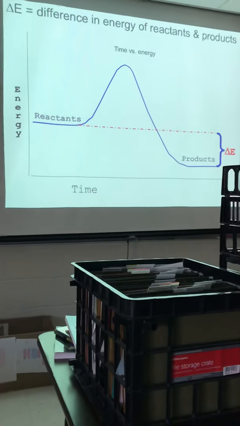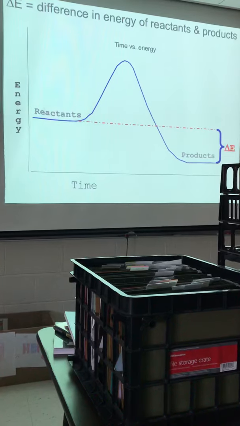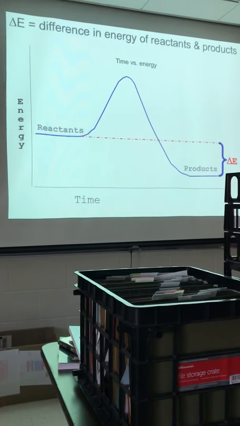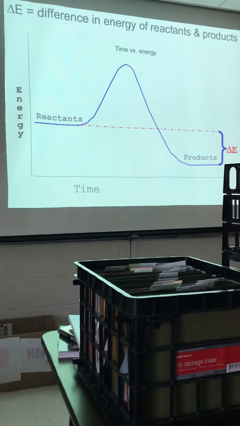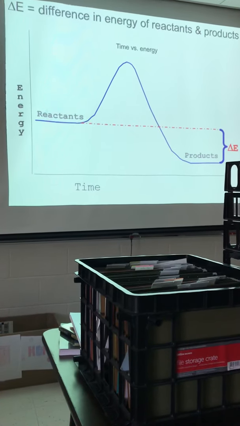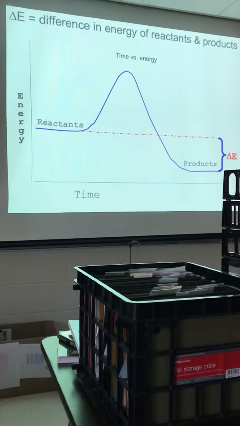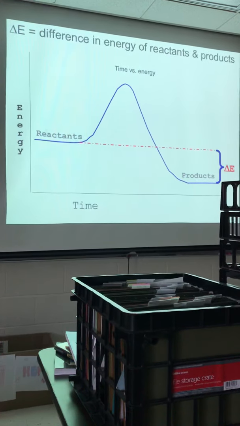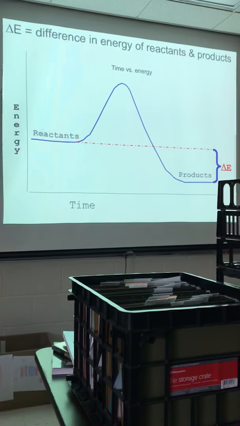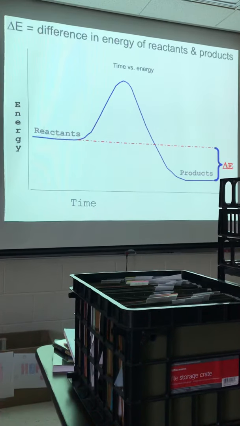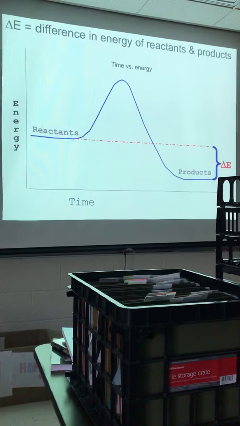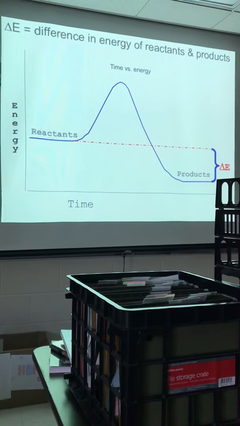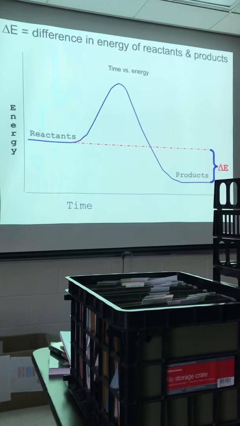When we were talking about delta H, we were just talking about heat energy specifically. Delta E is talking about energy in general. Potential energy in the bonds of the molecules going to kinetic energy released to create those bonds that are formed. Okay?